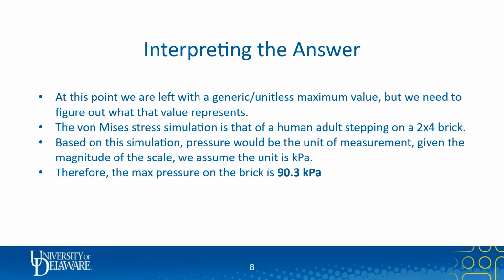Given what we found from our simulation, we found the unit to be kilopascal, and therefore we could conclude that the max pressure on the brick, the max value, was 90.3 kilopascal.